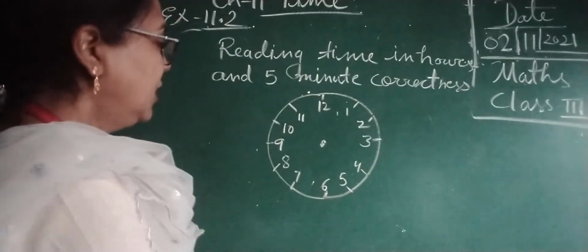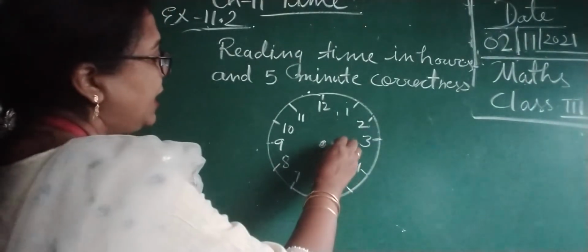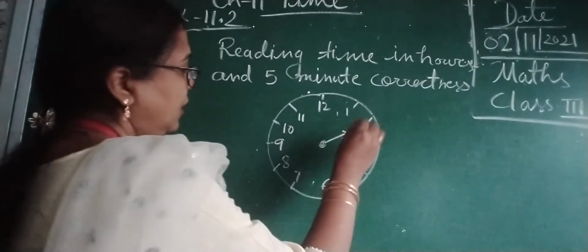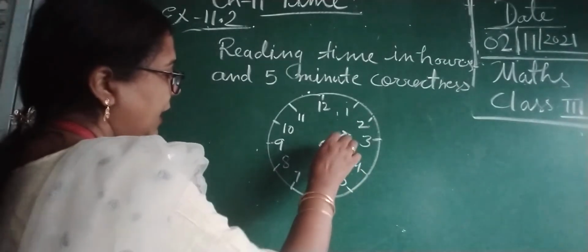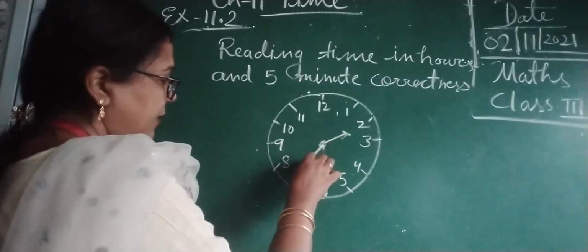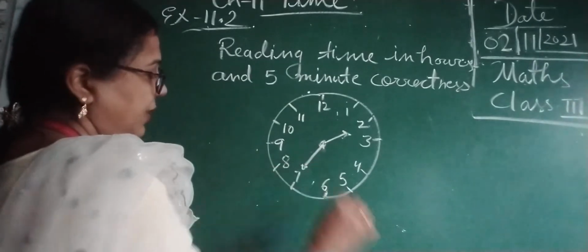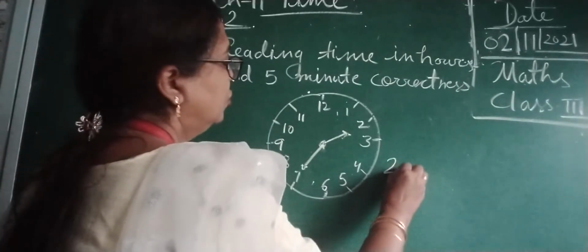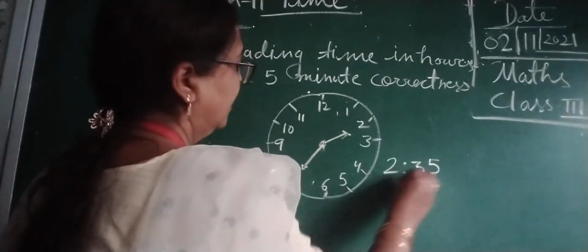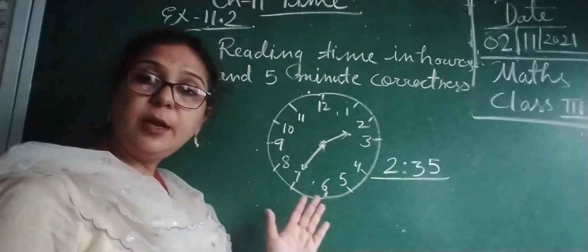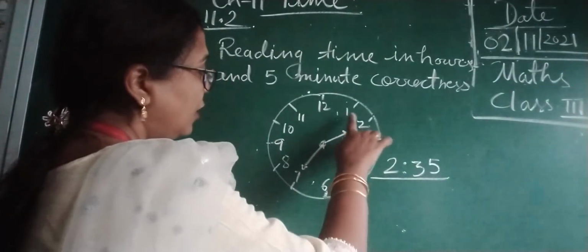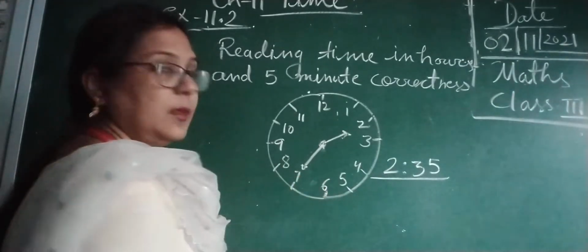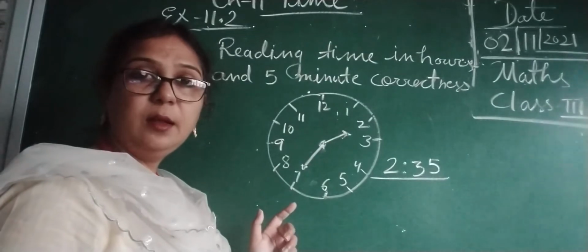So first, if our hour hand is in between 2 and 3, and our minute hand is near about 7, it will become 2:35. How can we recognize this? Because 2 is already done, half past 2 is done. Now the 5 minutes are over, so that is why we can consider it 2:35.